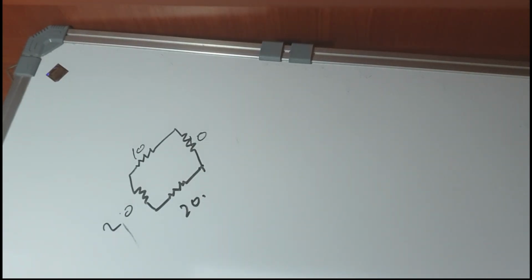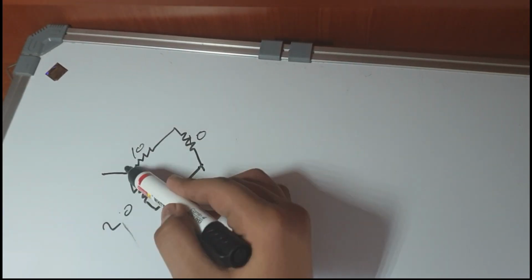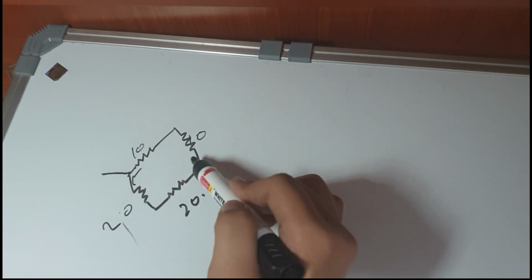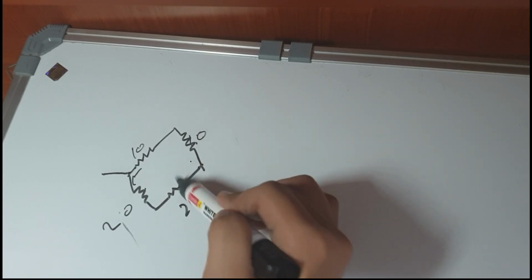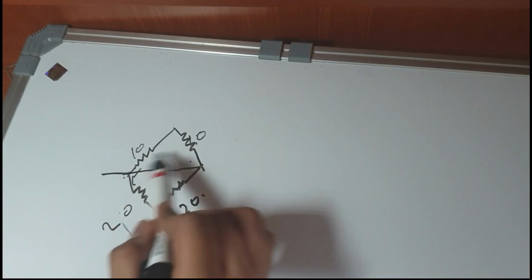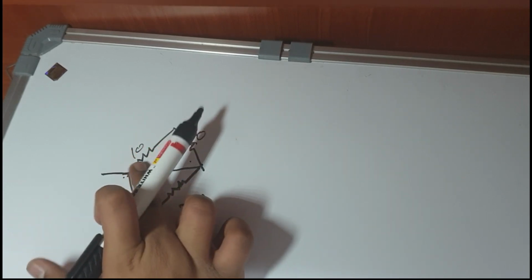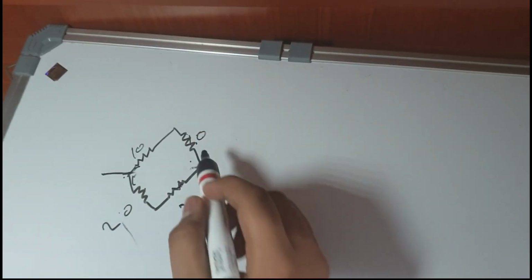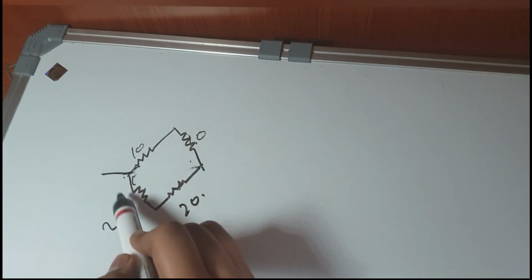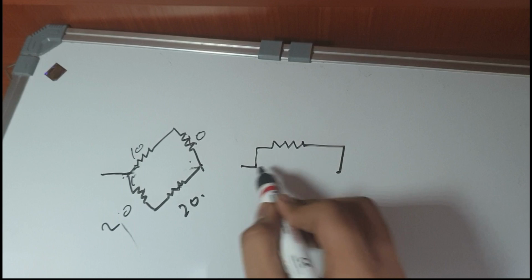One more way to distinguish between parallel and series: suppose this is a current, and it divides here. This and this are in parallel. If we follow the current like this, the same current flows here also, so these two are in series. First we will add these two and these two. So 20 ohms and 40 ohms will be our resultants.